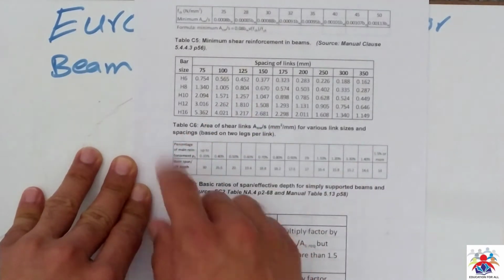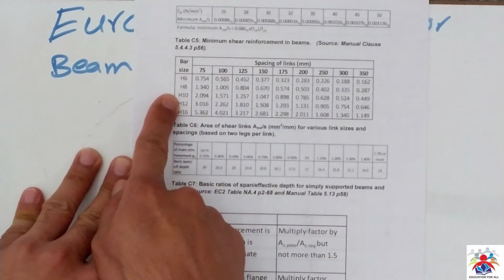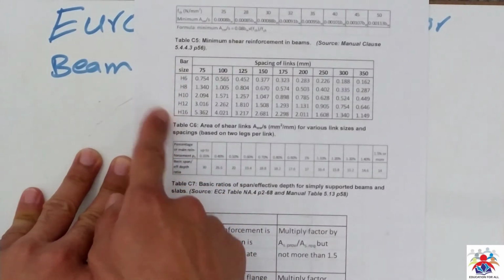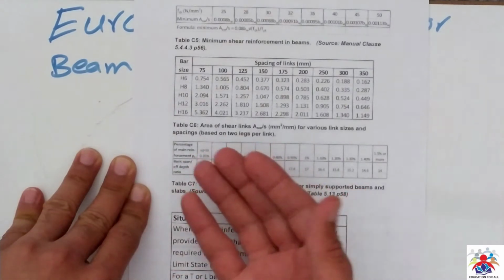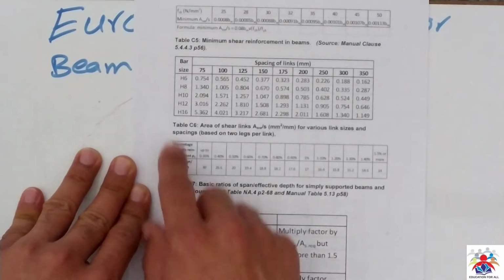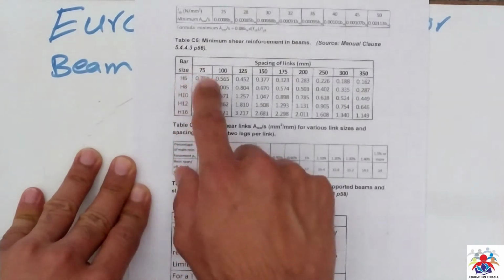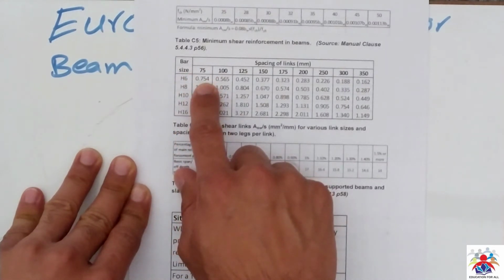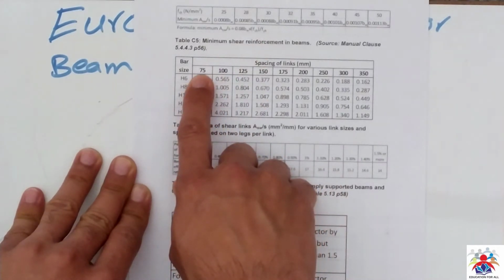This is bar size, which is H6, H8, H10, H12 and H16. These are the bar sizes. In Eurocode, bars are represented with H, for example H6. If you have a bar H6, the area would be 0.754 square millimeters, then the spacing would be 75 millimeters.